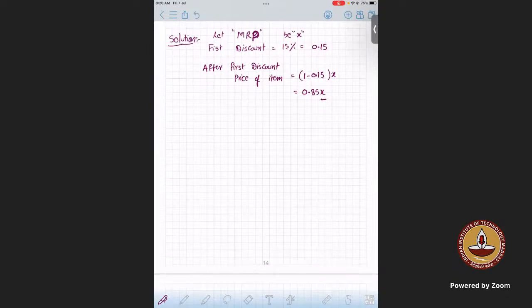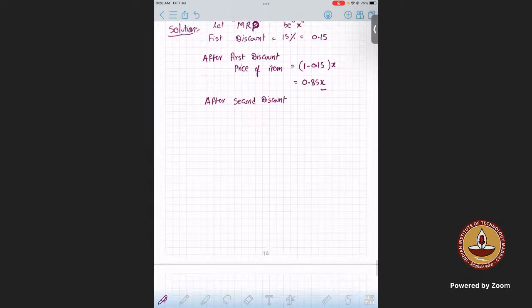Now look, after the second discount: 0.85X minus 3000. Agree?